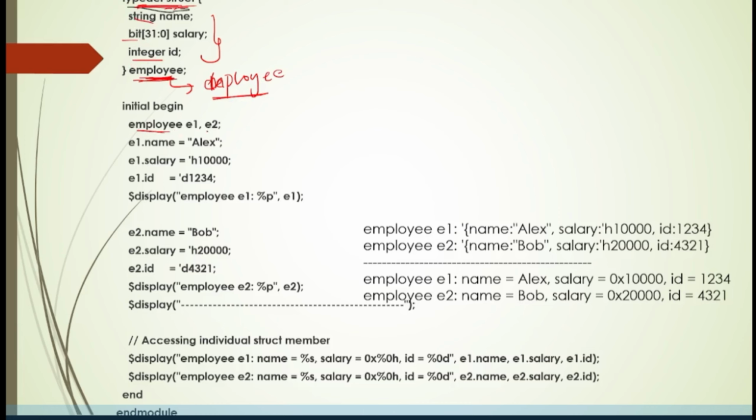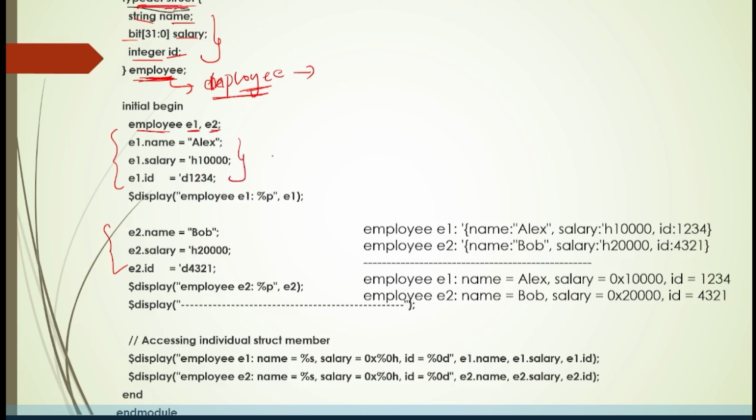Now with employee I am taking two variables, e1 comma e2. What can this employee handle? Employee can handle name, salary, id. So with these two handles I am creating data for two employees, like e1 dot name Alex, 1000, 1234.